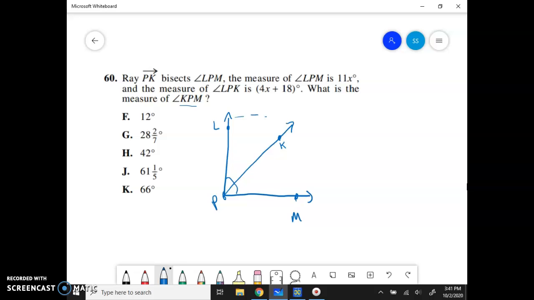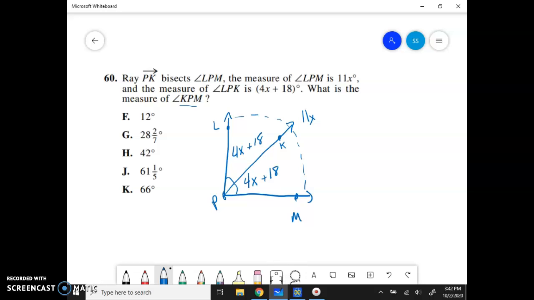The whole thing is 11x. And the measure of angle LPK is 4x plus 18. So what you needed to remember is that bisect means cut it in half, which means if this is 4x plus 18, this is also 4x plus 18.